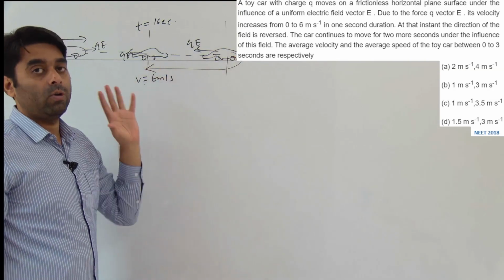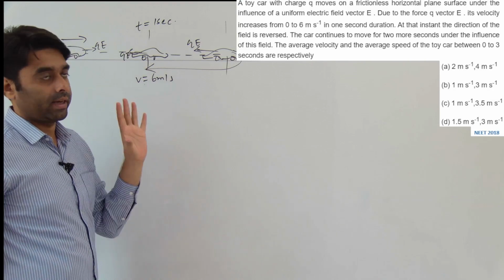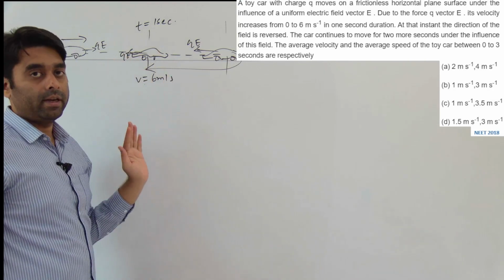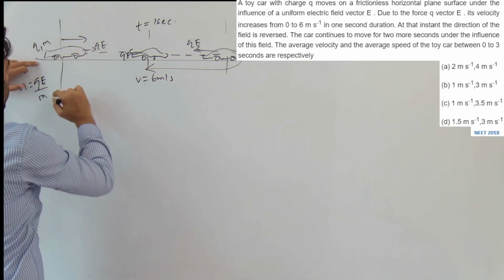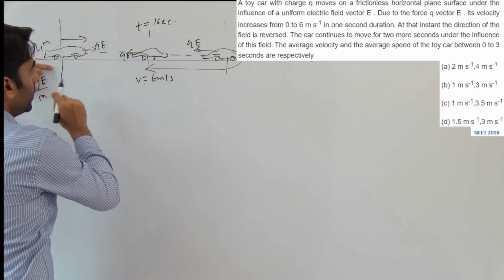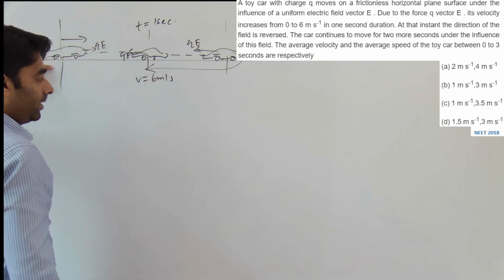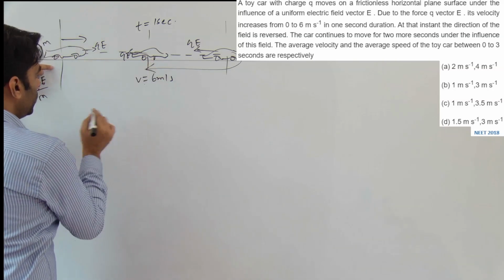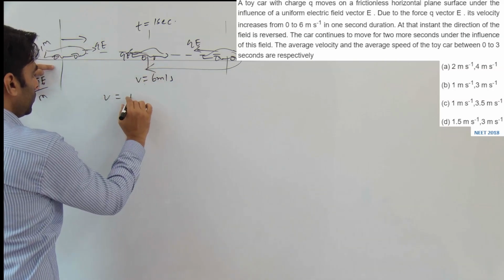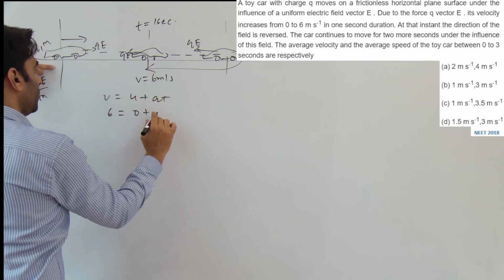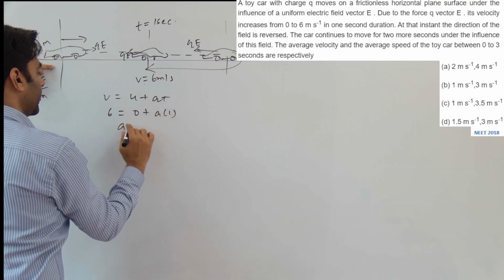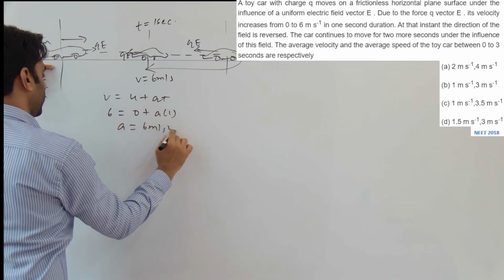And for how much time are they considering the journey? 3 seconds. Now let us first break it down and then study. First, if we take a look at this 0 to 1 second journey, let us calculate the acceleration and the distance traveled. So what will be the acceleration? v equals u plus at. So 6 equals 0 plus a into 1. That implies the acceleration is 6 meter per second square. Well and good.